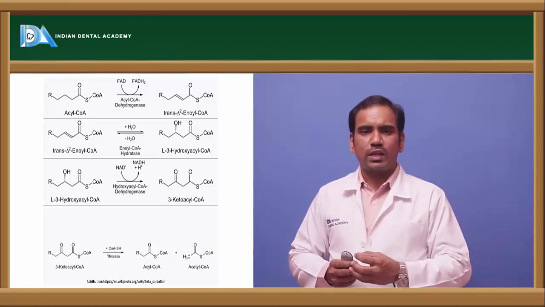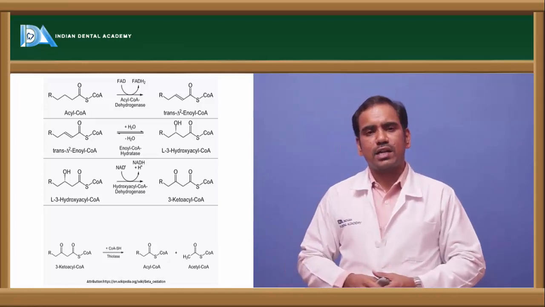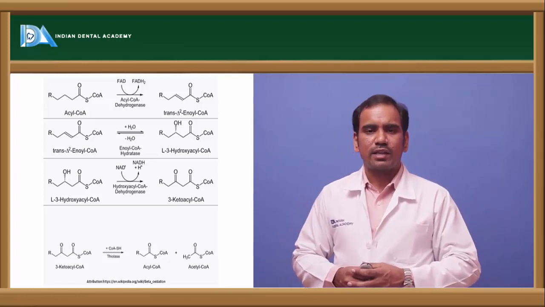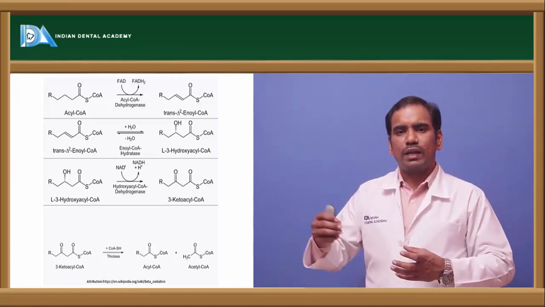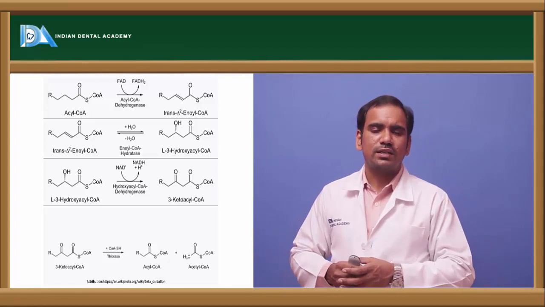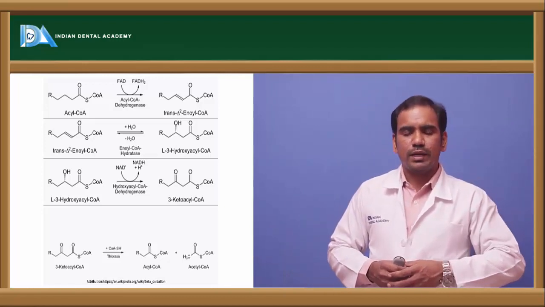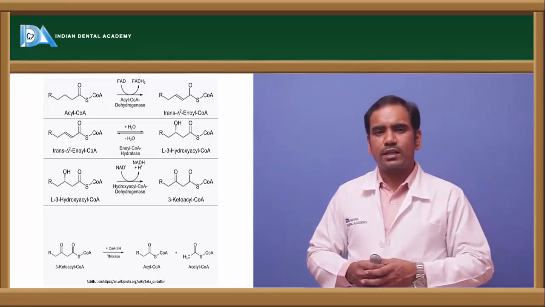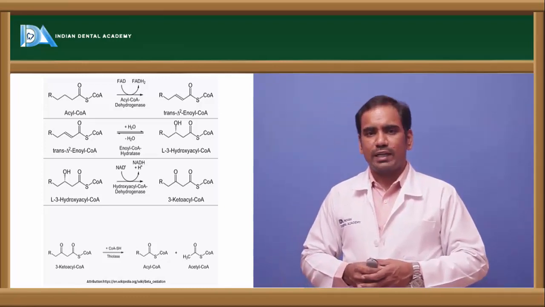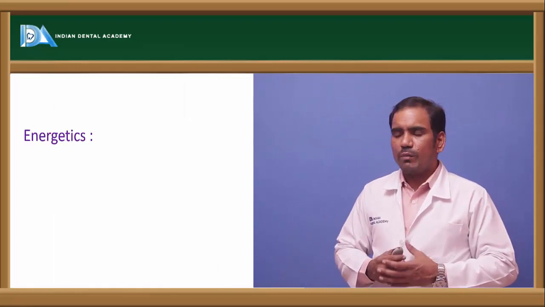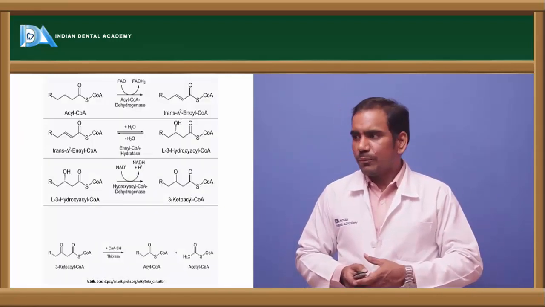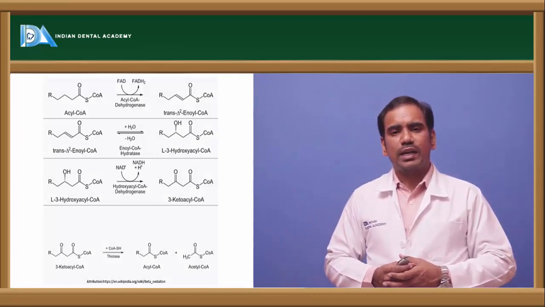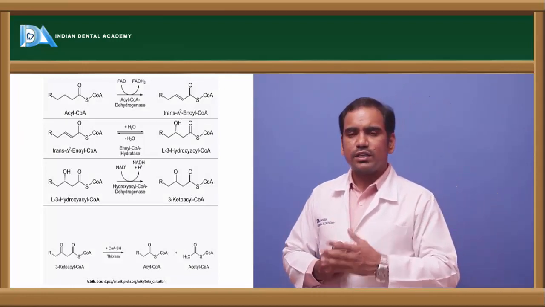These reduced coenzymes enter into the electron transport chain, where they donate electrons to the components of the electron transport chain, so that the flow of electrons through these complexes occurs, and that results in the synthesis of ATP. This is what happens to the FADH2 and NADH generated in the oxidation of fatty acids. Now coming to energetics, in this slide you can see FADH2 and NADH are generated in the oxidation proper.